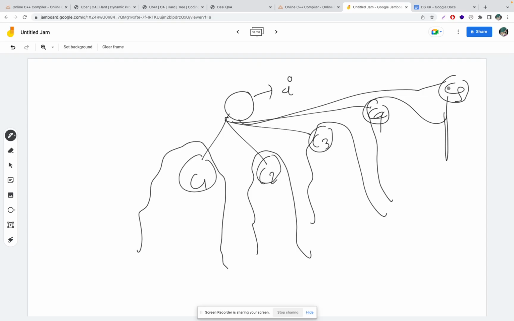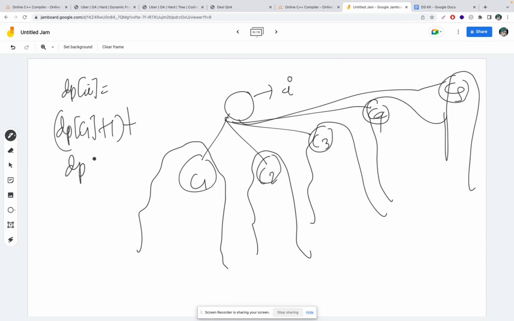So dp of I is nothing but dp of c1 plus 1 plus dp of c2 plus 1, plus similarly for the other children c3, c4, c5, but you will remove the terms which are prime.